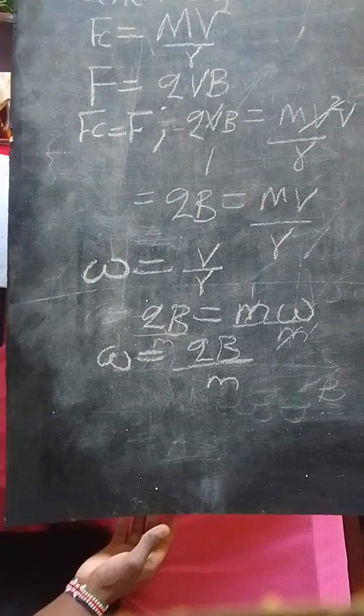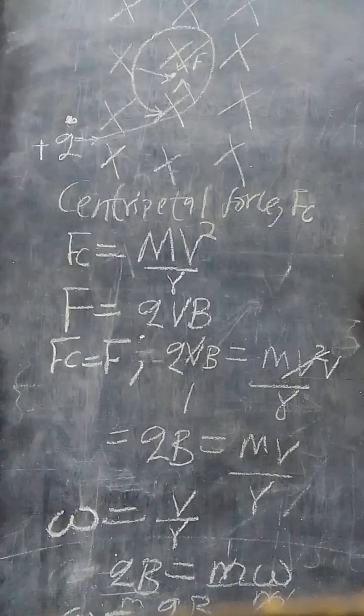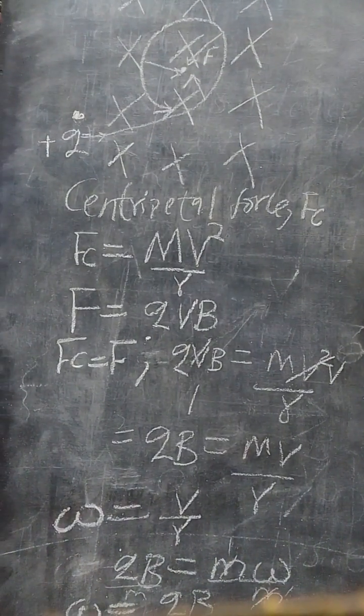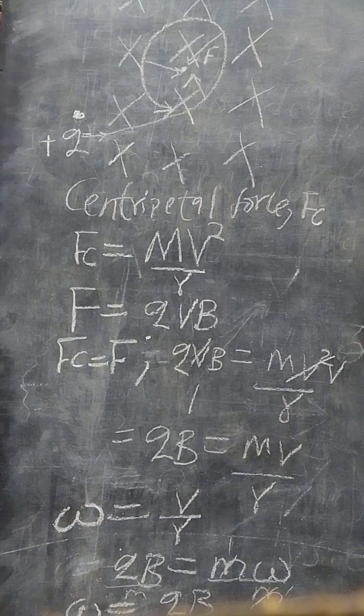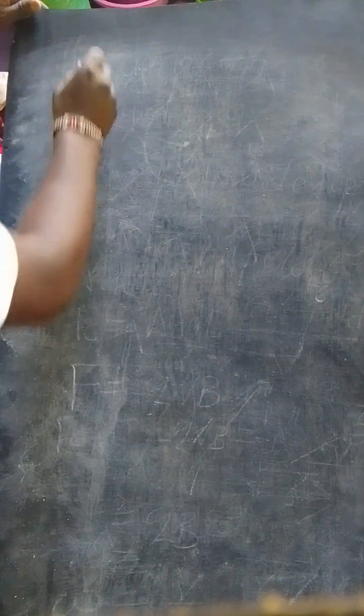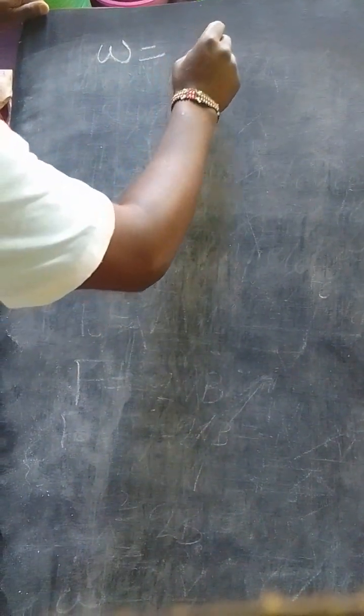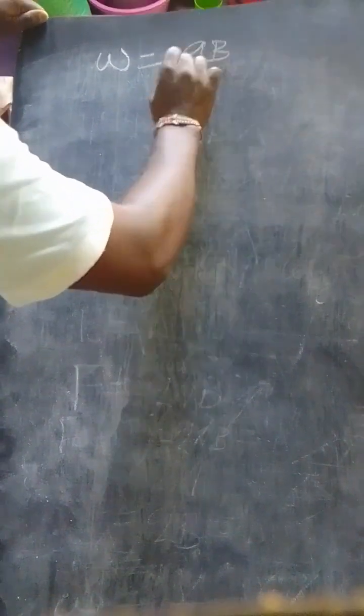And remember, M is the mass of the electron, and therefore we can find the periodic time and the frequency at which the particle is moving in the circular path. Now, remember we said omega will be equal to QB over M.